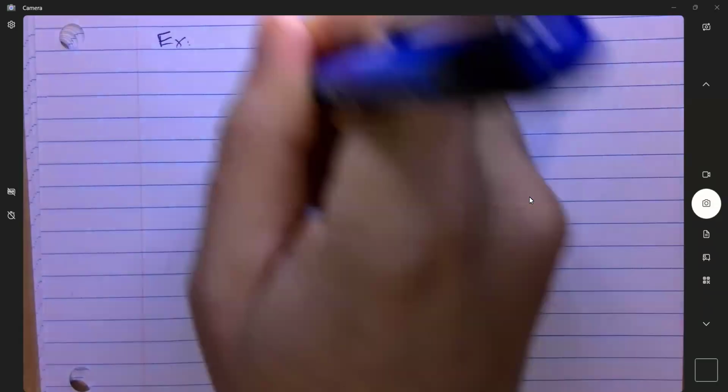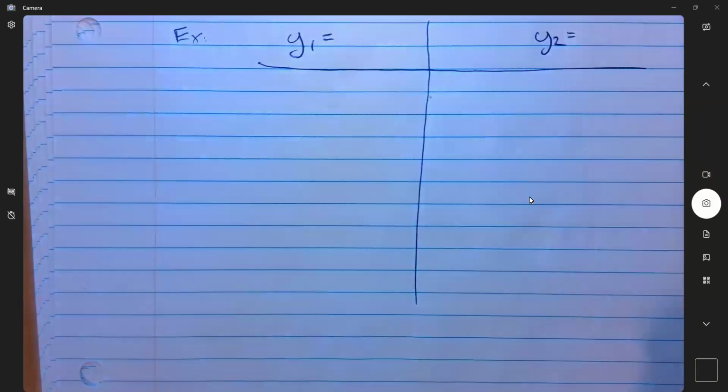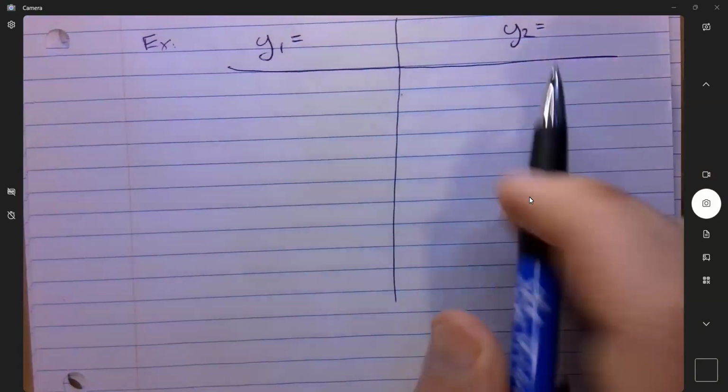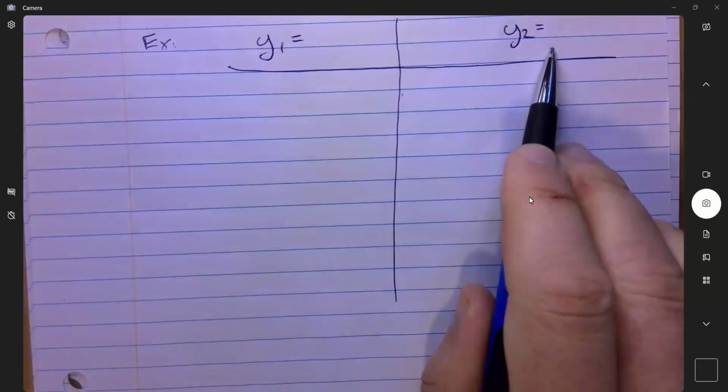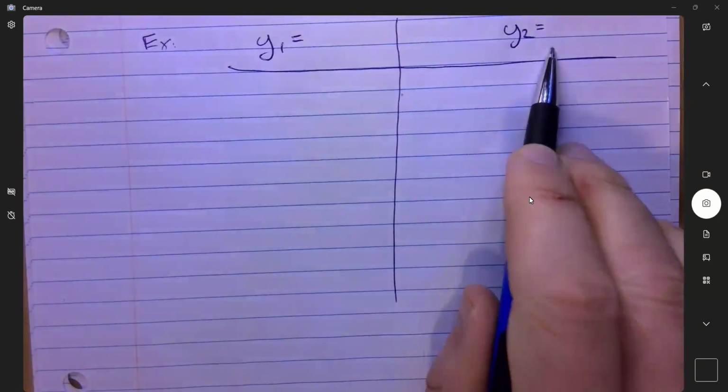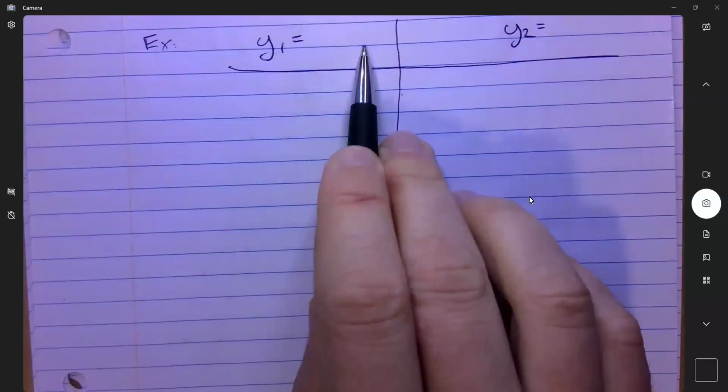I'm going to write down a y1, and we're going to find the slope of a y2. By the way, knowing the slope is not going to tell us the y-intercept. So I can write out a whole formula for y1.